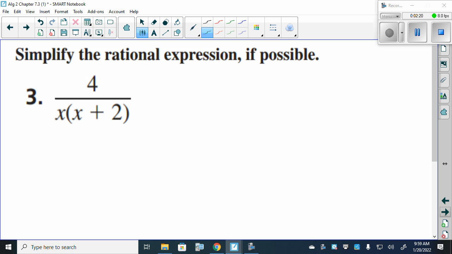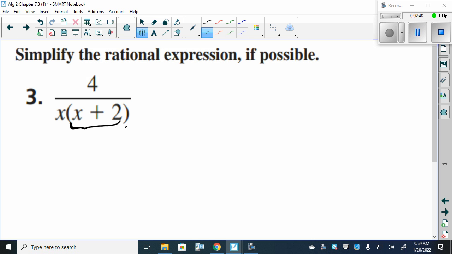What is in common on top and bottom? Almost. Now the x plus 2 here is one whole term, yes? So the 2 is stuck with the x. Now do we have an x plus 2 on top?